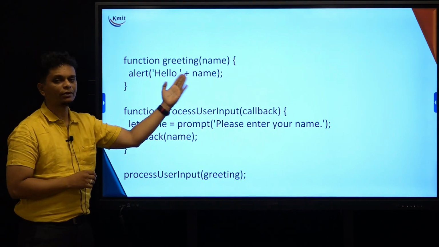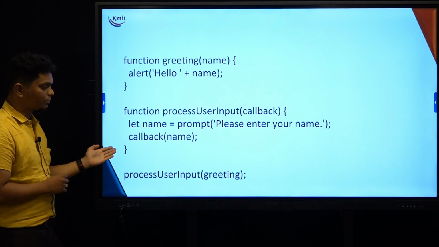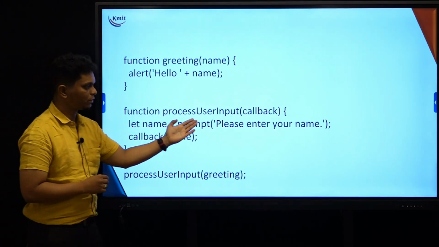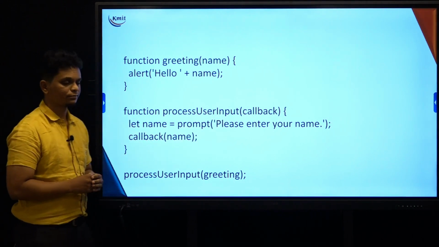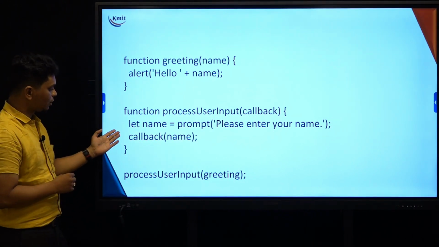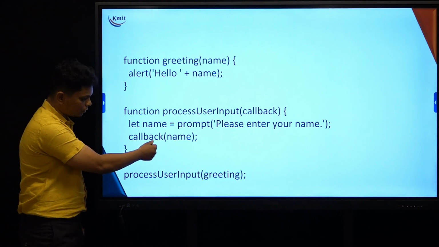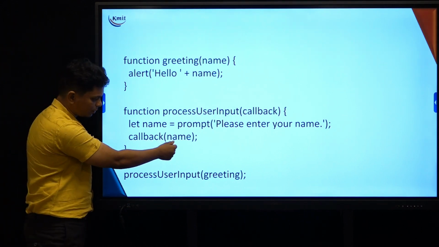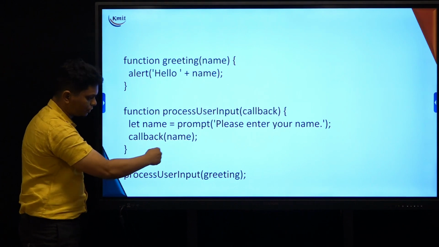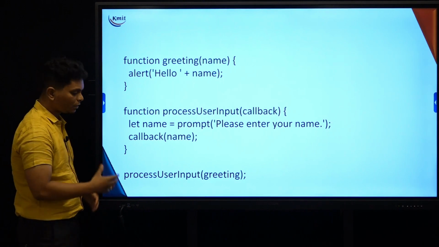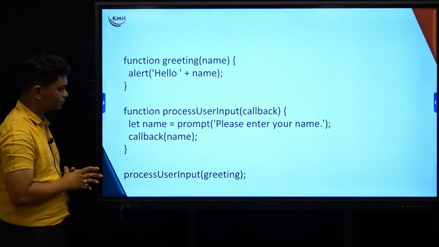So, here we are expecting a name, and if you observe below, we have another function called processUserInput, and here I have mentioned callback. If you observe carefully, I am passing callback with the parameter name. So, this portion is an argument to another function. So, that is the use of callback.